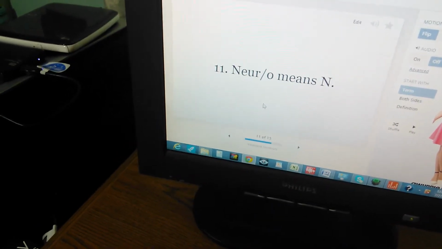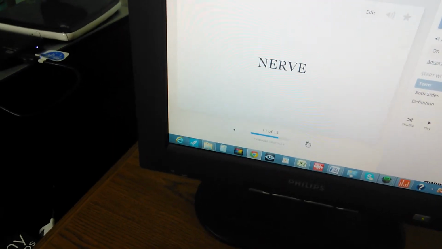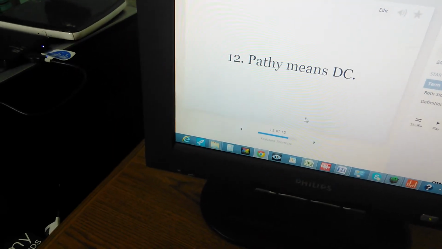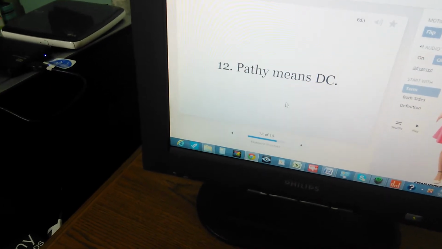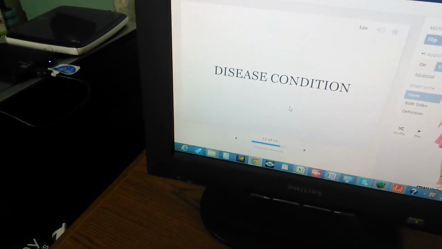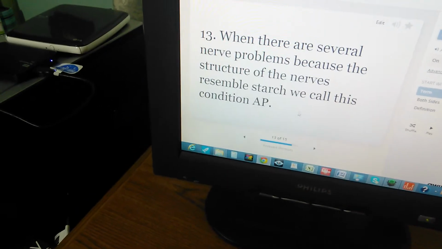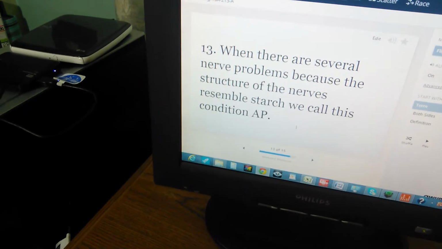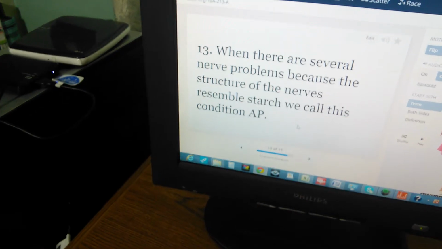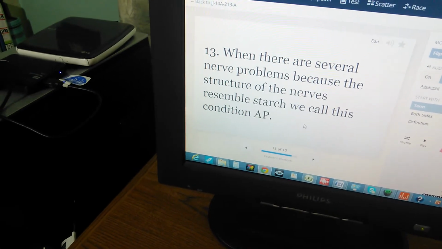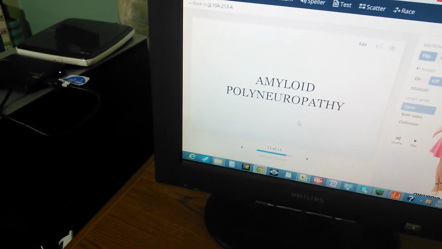Neuro means N. Nerve. Yes. 12. Pathy means DC. Disease condition. Yes. 13. When there are several nerve problems because the structures of the nerve resemble starch, we call this condition AP. Amyloid polyneuropathy.